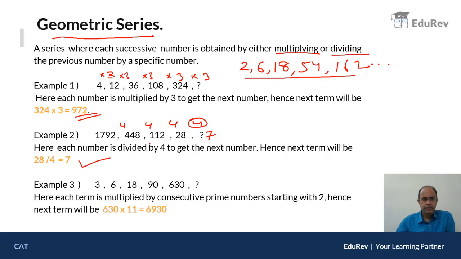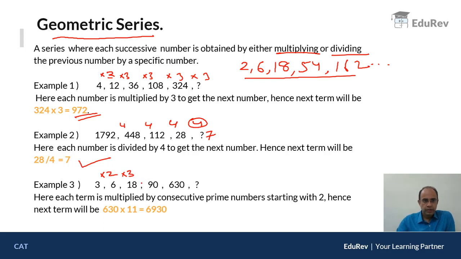It needs practice, guys. We have just started to learn the concepts. The more we practice, the more comfortable we will be with number series. Now, let us take one more example: 3, 6, 18, 90, 630. Generally, the moment you see 3, 6, you understand it's into 2. 3 twos are 6. Into 3, 6 threes are 18.